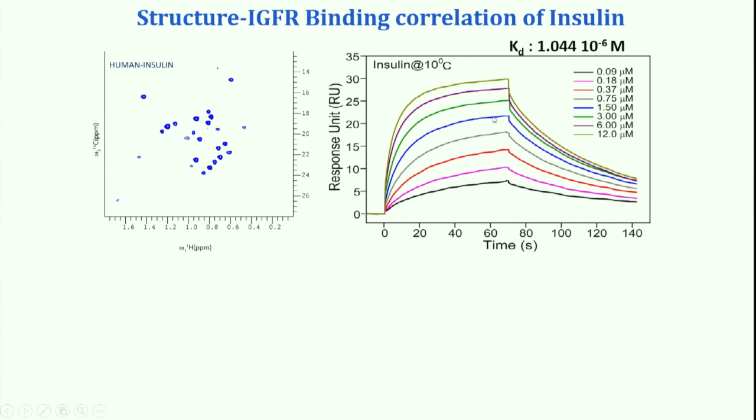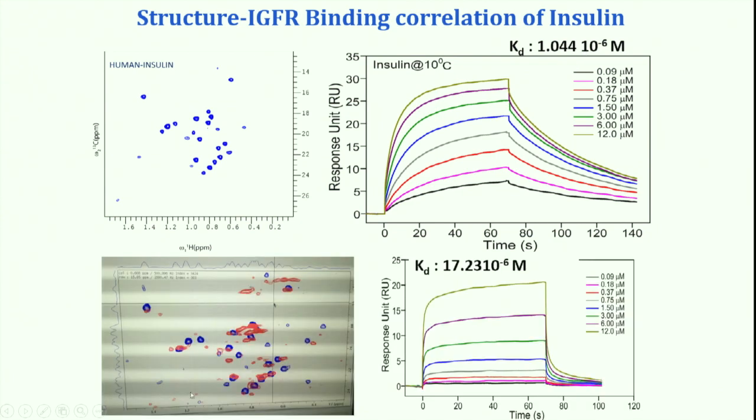Here IGFR is the receptor. We pass different concentrations of insulin over immobilized IGFR, and one can see the response unit in SPR. Using this response unit, you can plot it and find the binding constant of the insulin with IGFR, which comes out to be 1.04 into 10 to the power minus 6. It is a micromolar binding.